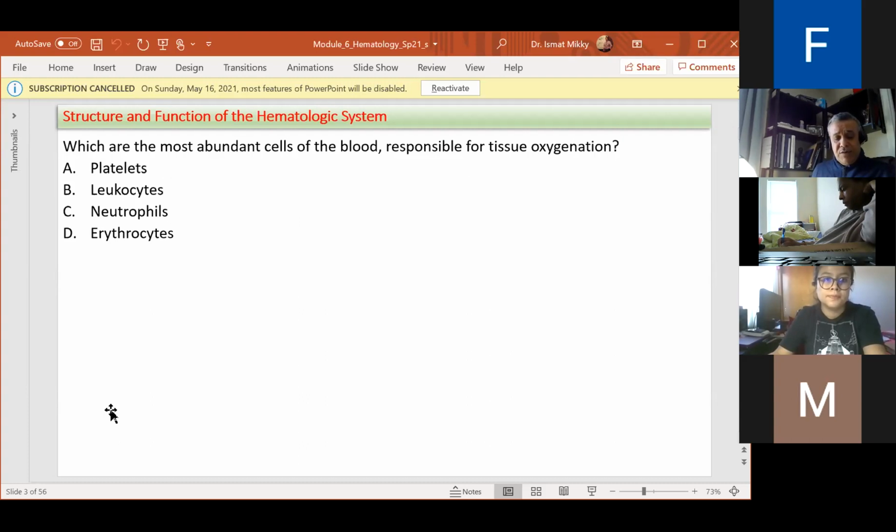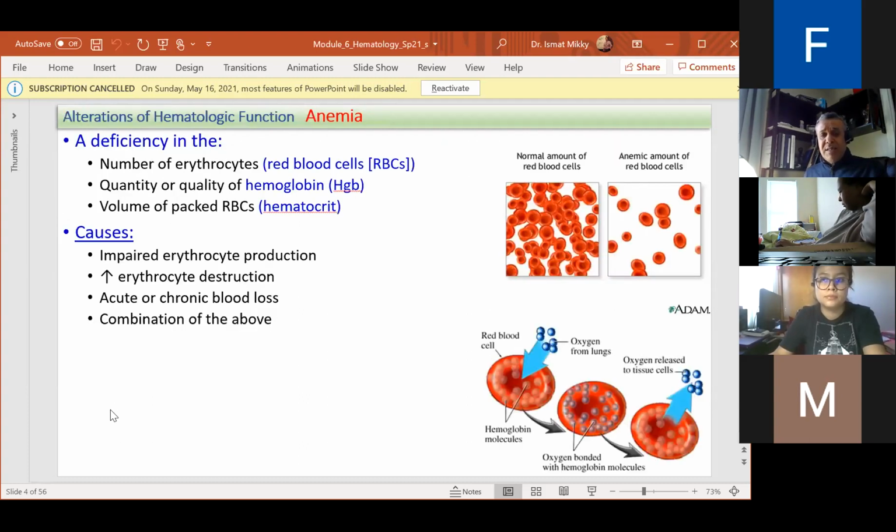So the answer for tissue oxygenation is the RBCs, because as you see from these figures, the oxygen from the lungs is transported, with that exchange of gases, into the bloodstream and it will bind to the RBCs.